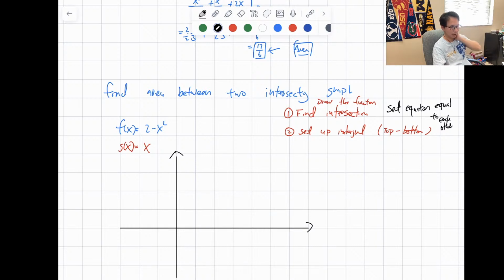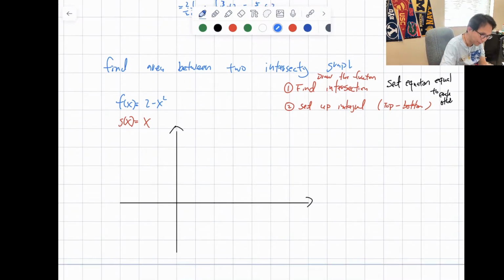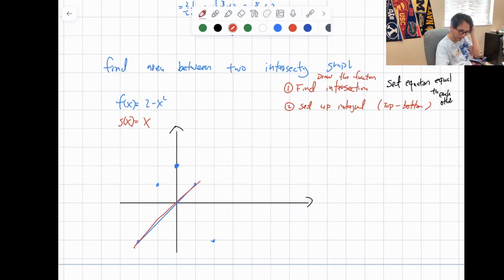Very important skill. Besides graphing, now graphing sometimes we're not accurate. But 2 minus x squared, is the parabola facing up or facing down? Down. So it should be like this. And this is the graph for y equal to x.